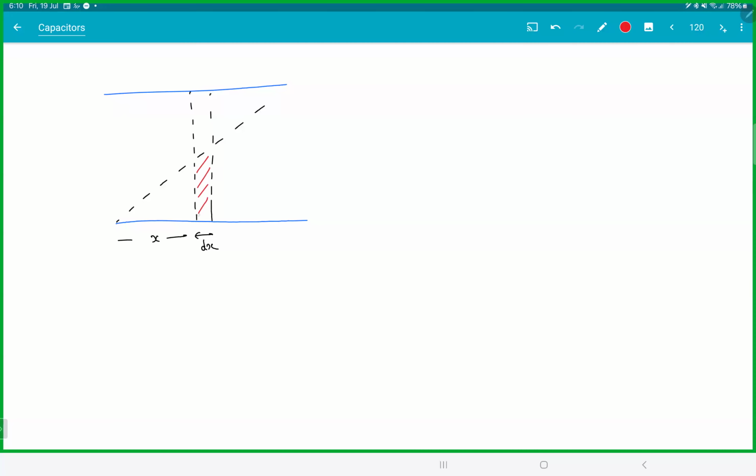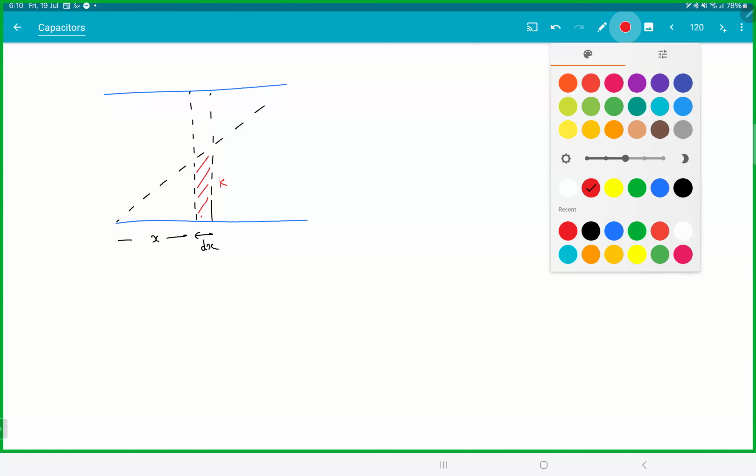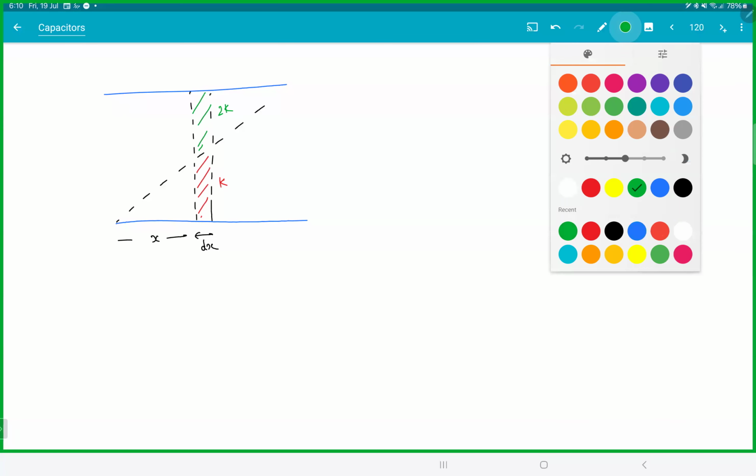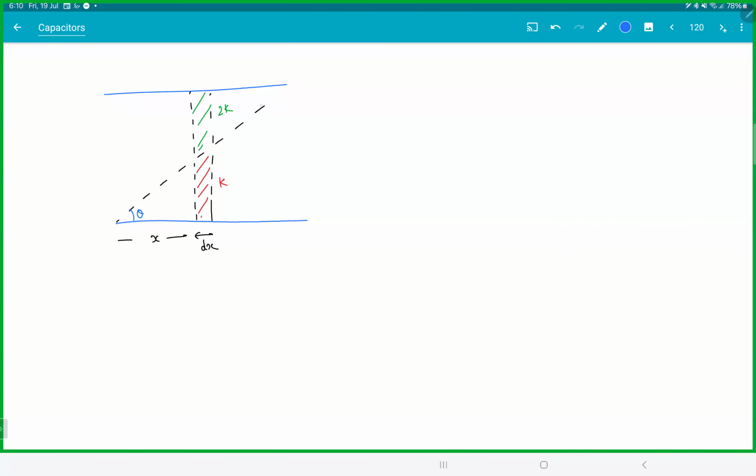So this lower part would be k, and this upper part would be 2k. Let this angle be theta. This is d, so we know tan theta is equal to d by a.